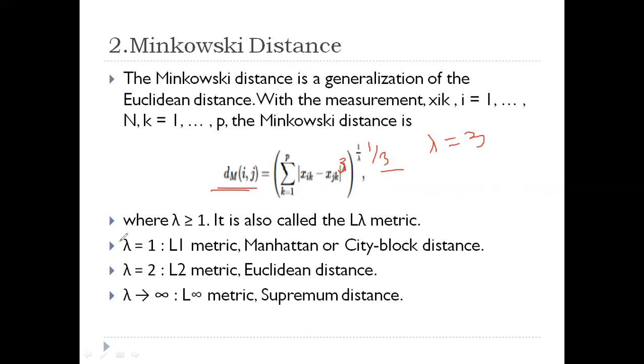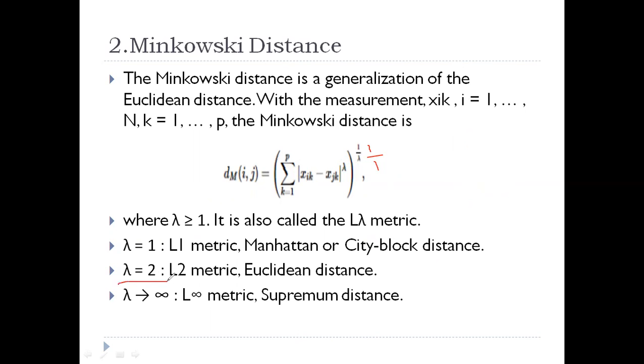If you observe these formulas, where lambda is greater than or equal to 1, it is also called the L-lambda metric. If the lambda value is 1, which means 1 by 1, it is called the Manhattan or city block distance.